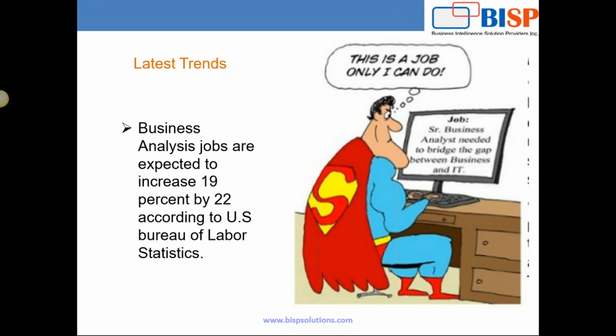The concept of how a BA works is the same: a BA has to analyze the requirements, prepare different documents, and help the organization improve quality standards and achieve stakeholder expectations. That will be the same in any other domain.